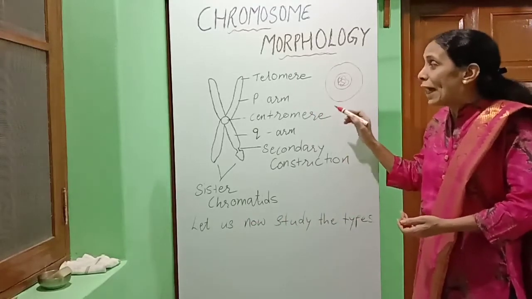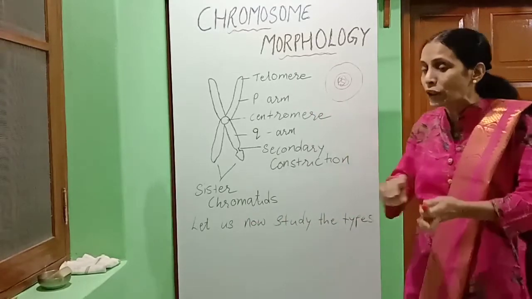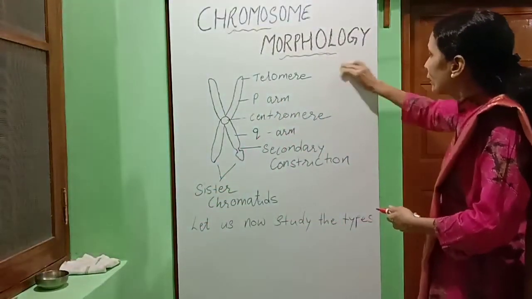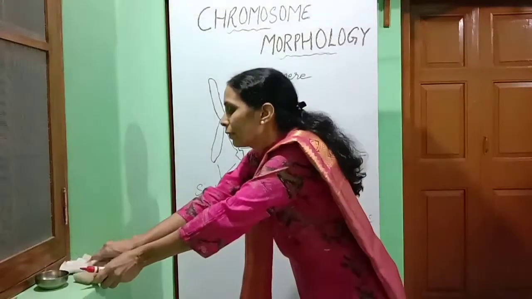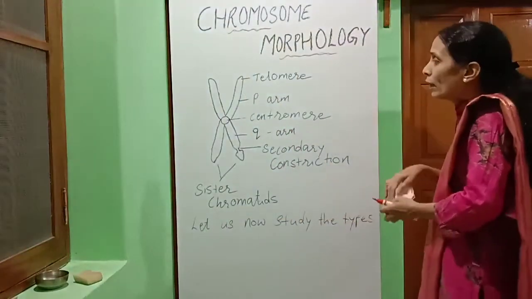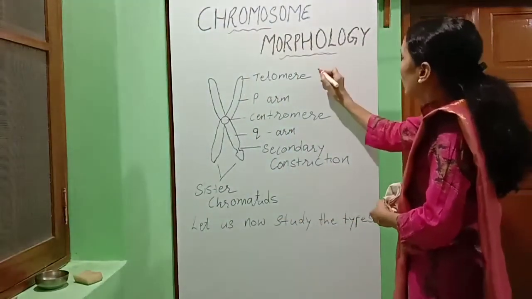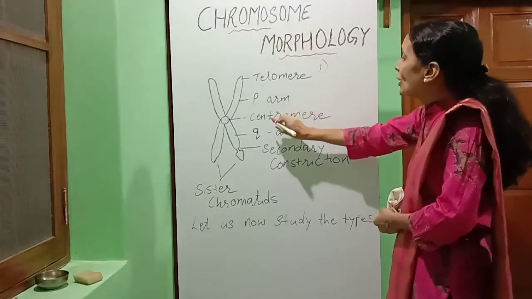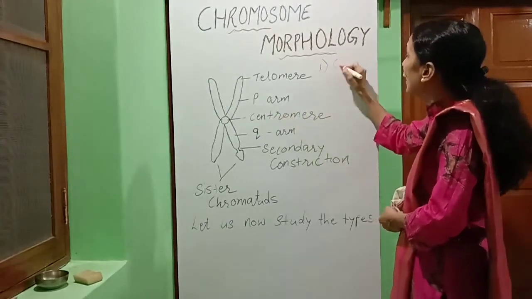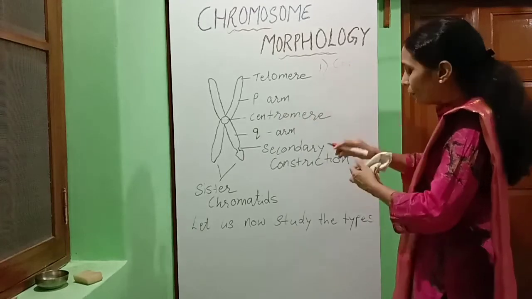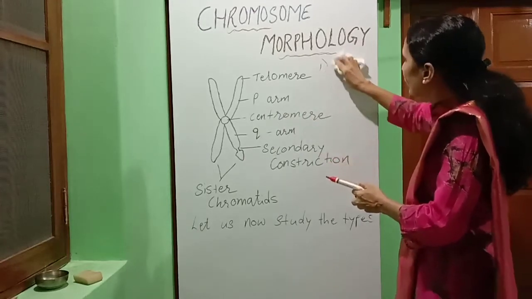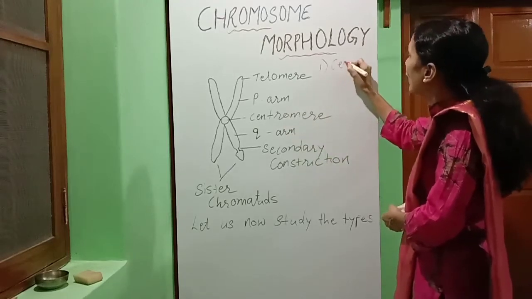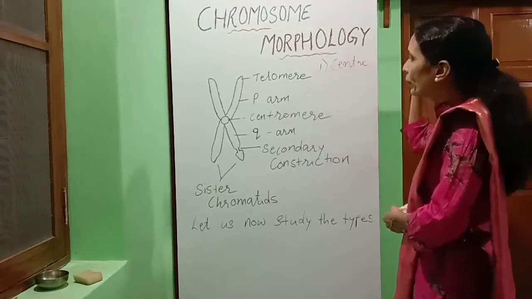The different types which you are going to study are: number one, when the centromere is in the center.